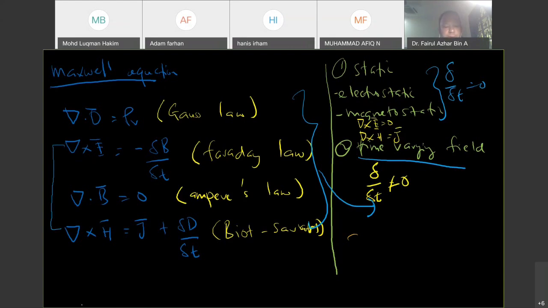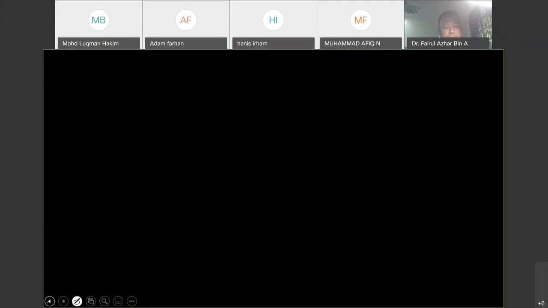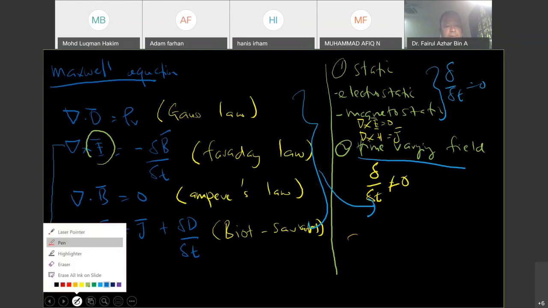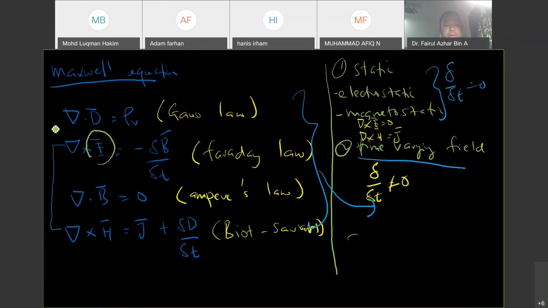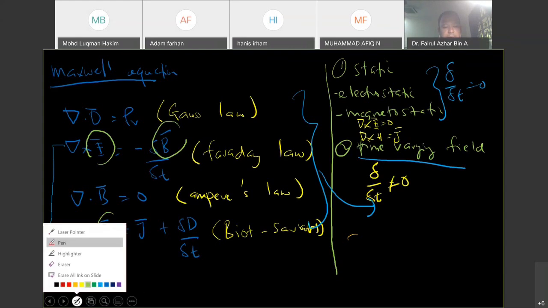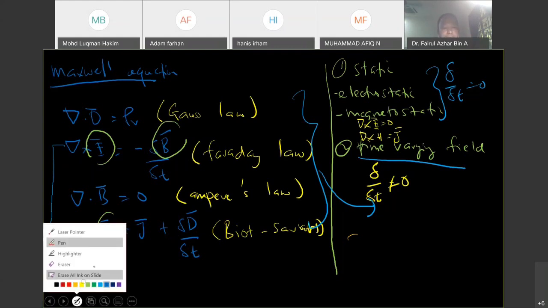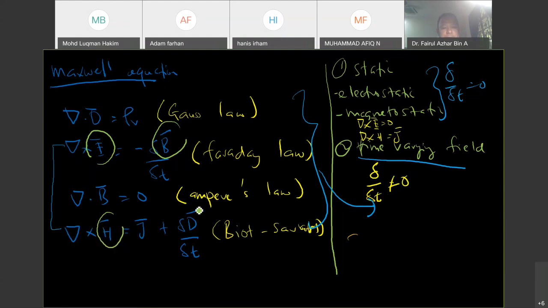Okay, so for example, in this case is the vector of E, and so we cannot separate anymore the electric and magnetic field components. Okay, for example, for the second equation it is the vector of E and vector of B, and for the fourth equation we have vector of H and vector of D. Okay, so that means that during a time varying field, basically the interaction between electric and magnetic fields will be happening.